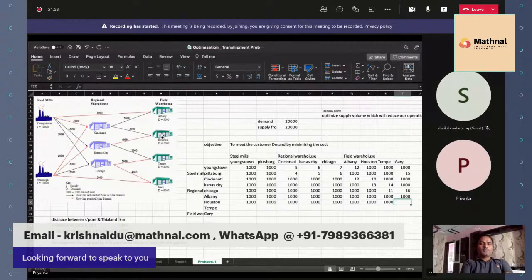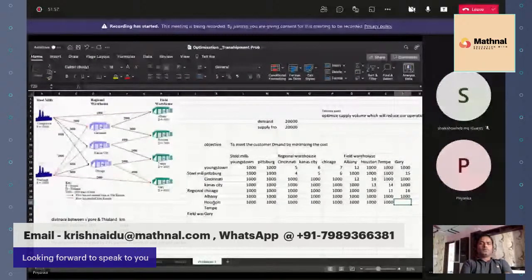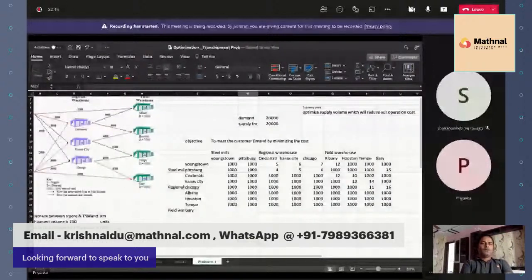Then the template will also be the same. Houston, there is no outgoing. Yeah, I think we have to put 1000 there, and we have to drag all the values down. Same values. Copy and paste all the values from the top and paste. And we have one more, right? Gary.